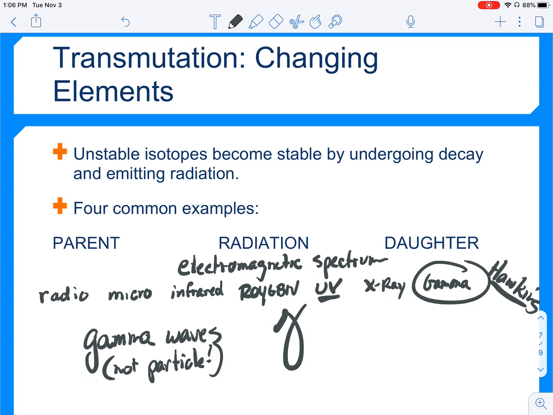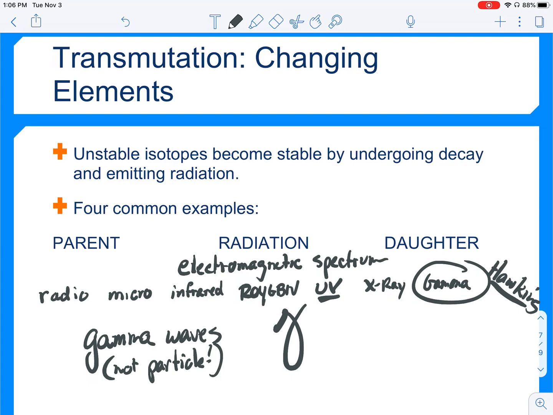Gamma rays pass right through you and barely even notice that you're there. They can shred DNA, so they can not only cause mutations that might lead to cancer, but they can also just kill cells, obliterate cells by blasting right through them. So gamma waves, you know, alpha particles are fairly easy to protect yourself from. Even a sheet of paper can block alpha particles.